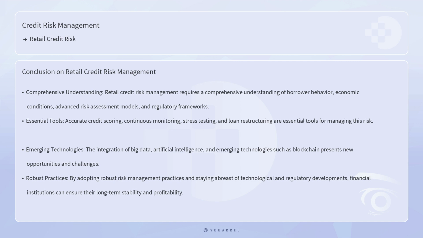The integration of big data, artificial intelligence, and emerging technologies such as blockchain presents new opportunities and challenges. By adopting robust risk management practices and staying abreast of technological and regulatory developments, financial institutions can effectively navigate the complexities of retail credit risk and ensure their long-term stability and profitability.